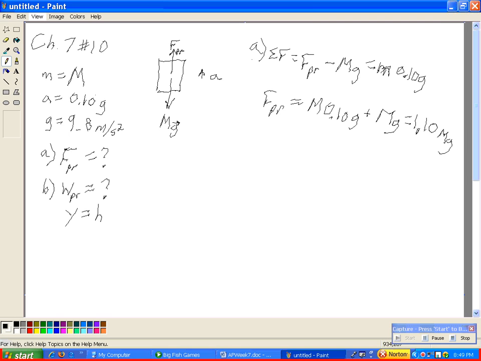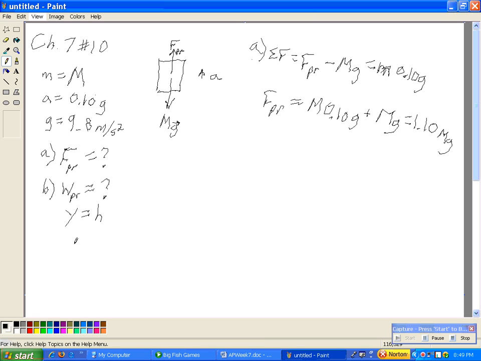So it's okay to leave it at 1.1 mg. M represents a specific number that they give us, though we don't know what that number is, and g represents a specific number. Okay, so that's the answer for part A.